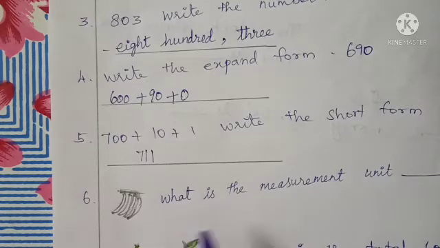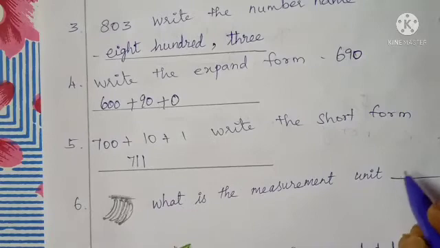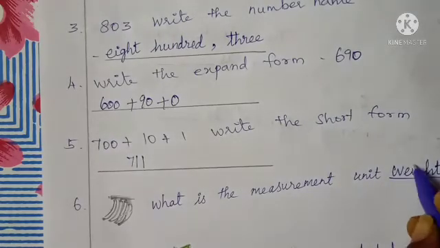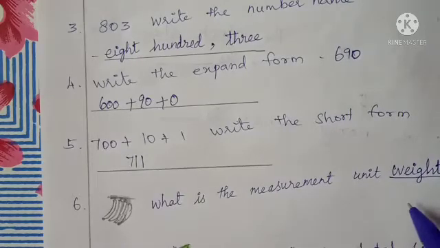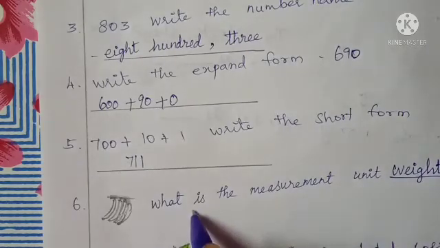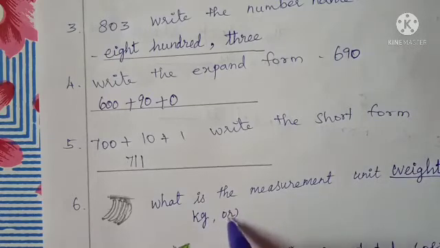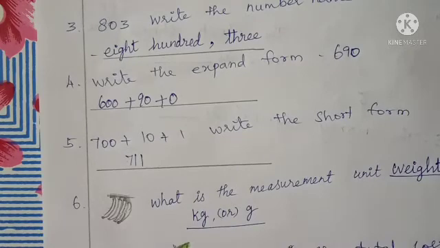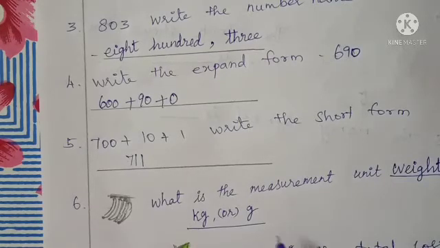So what kind of measurement is used? Weight, W-E-I-G-H-T. Weight is measured in kilograms or grams. Bananas are weighed in kilograms or grams.